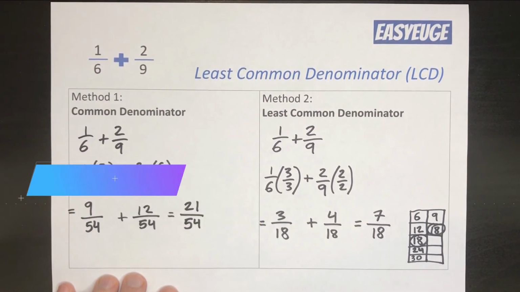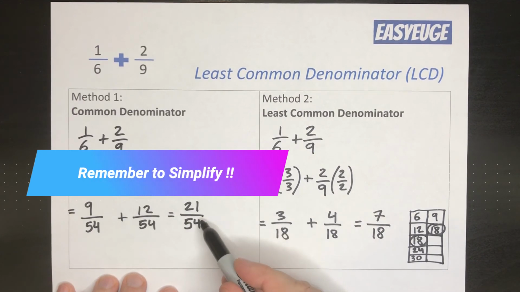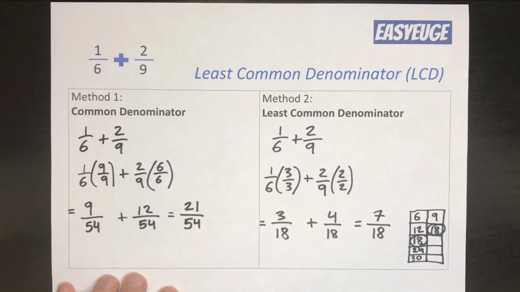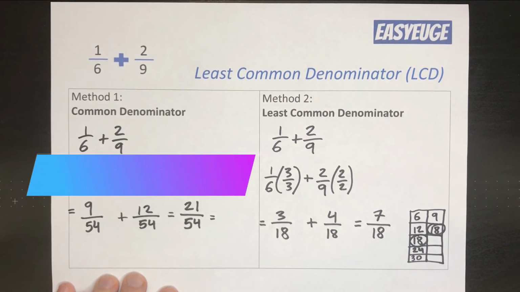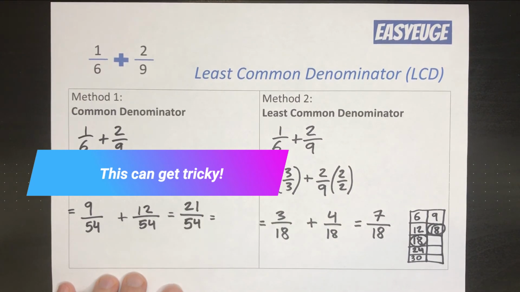Now this is the challenging part, because we need to simplify this fraction down, and this is what makes the common denominator method tricky. So what can we do to 21 and 54? I think we could try dividing the top and the bottom by the number 3.